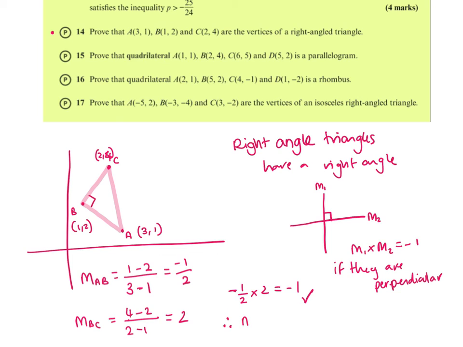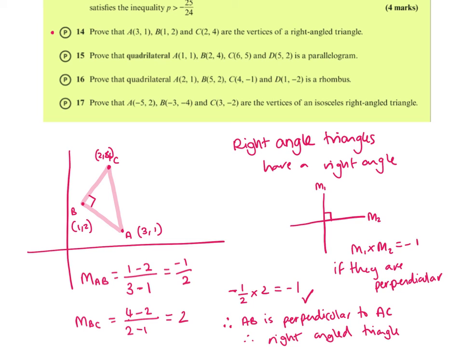Therefore, AB is perpendicular to AC. Therefore, right-angled triangle. So you can see how we've used our knowledge.